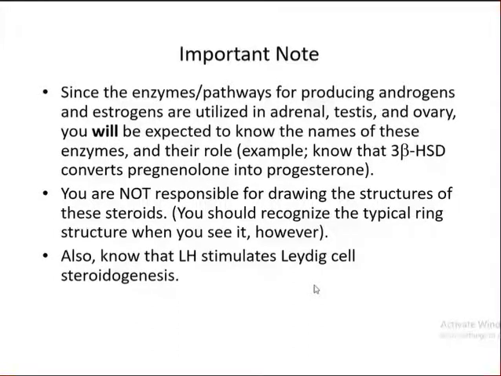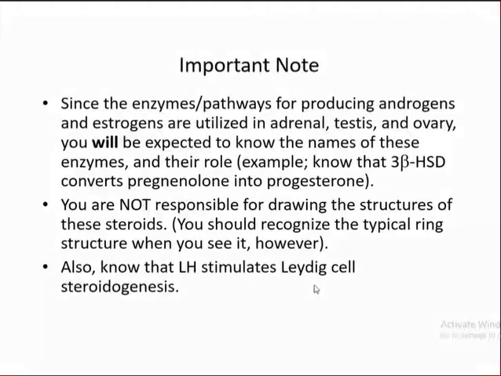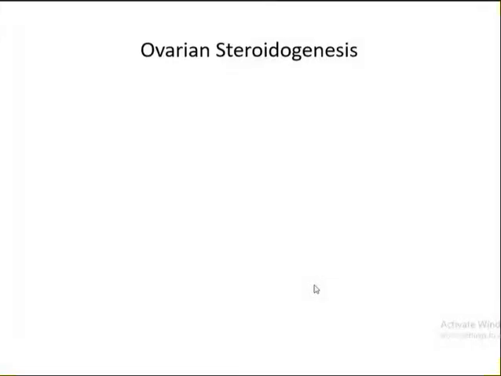Now I will cover the female sex hormone also because there is time. Today's routine is male sex hormone, and the next class is female sex hormone, but I will cover it if time permits.